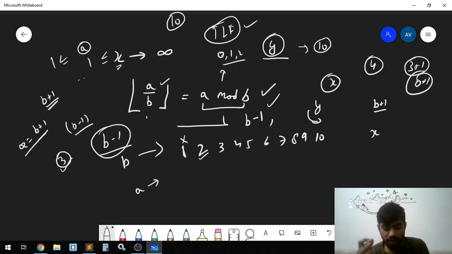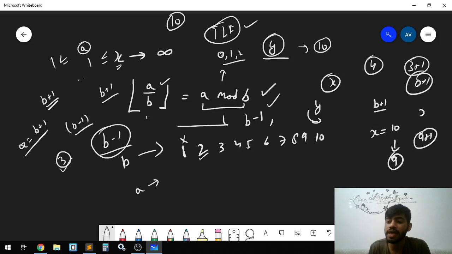So just try to understand that with x I can find the maximum value of b that can make a special pair, and we are considering only one case, that is b plus 1. If my x is 10, at max I can make a special pair with 9, right? Because 9 plus 1 is 10. So x minus 1 is the total number of special pairs for me.